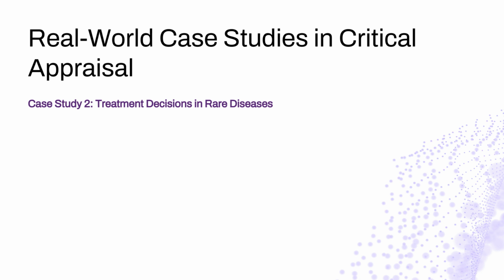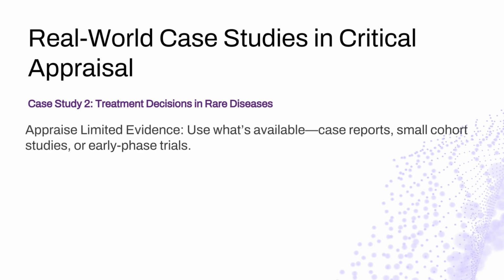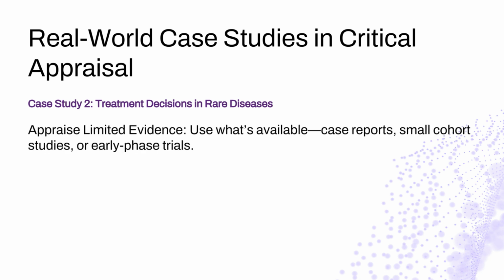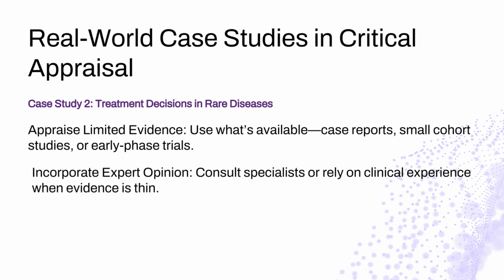Case Study 2. Treatment decisions in rare diseases. Here's another scenario. You're dealing with a rare disease where robust evidence is lacking. What do you do? Appraise limited evidence. Use what's available. Case reports, small cohort studies, or early phase trials. Incorporate expert opinion. Consult specialists or rely on clinical experience when evidence is thin.